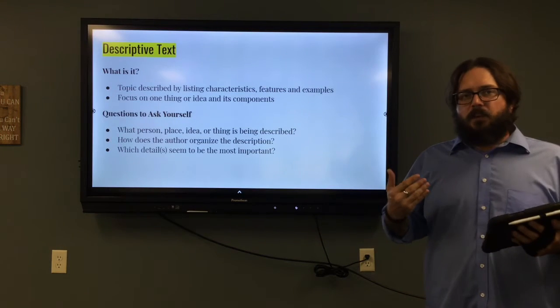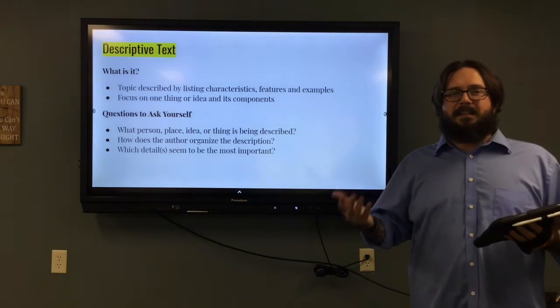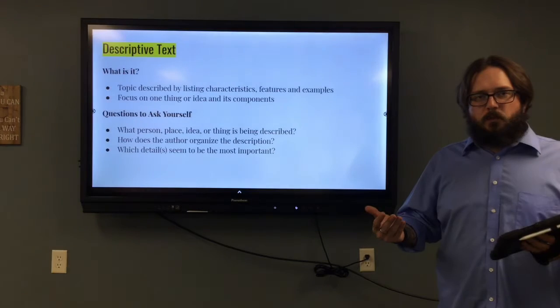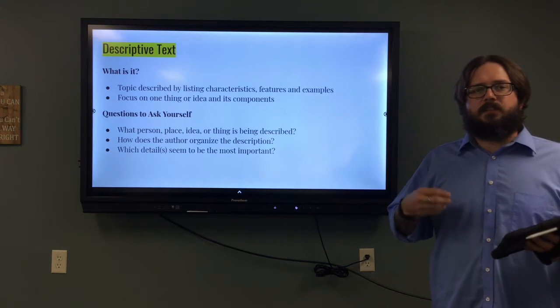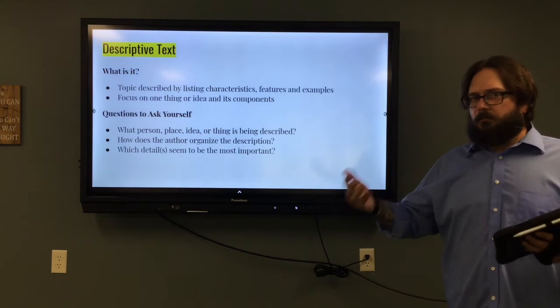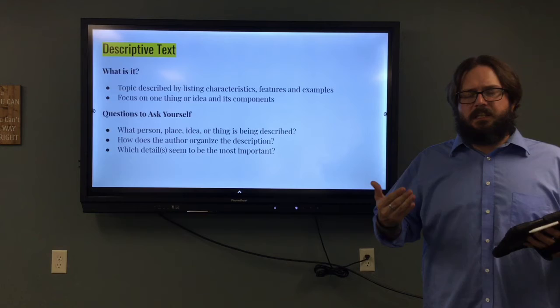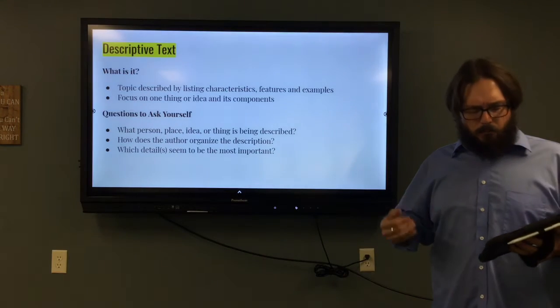And then finally, going back to our topic of main idea and supporting details, we could ask what details the author is using to support the topic that they are discussing. What details do you see that the author feels are most important?